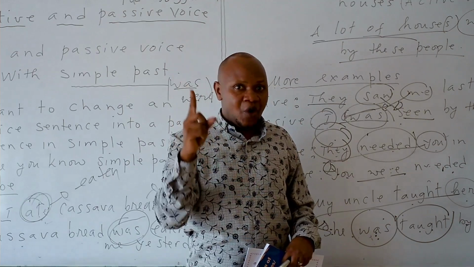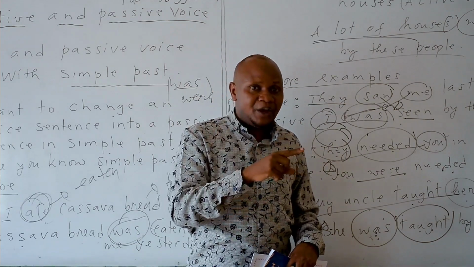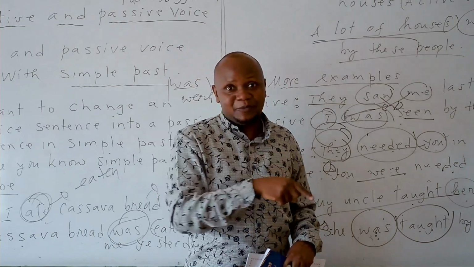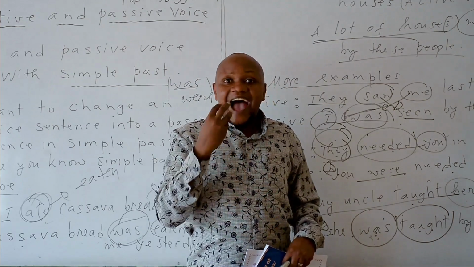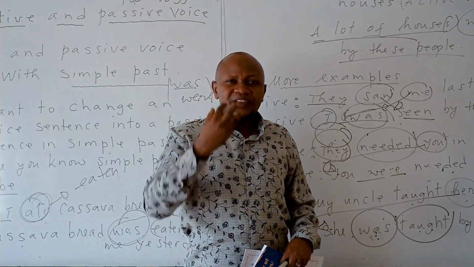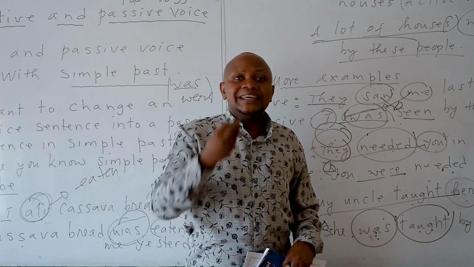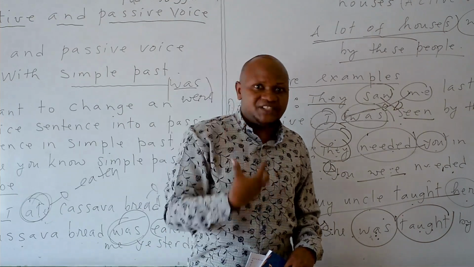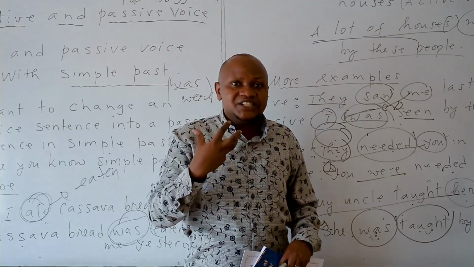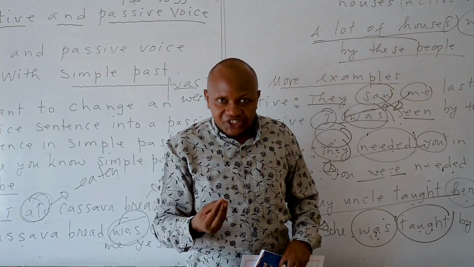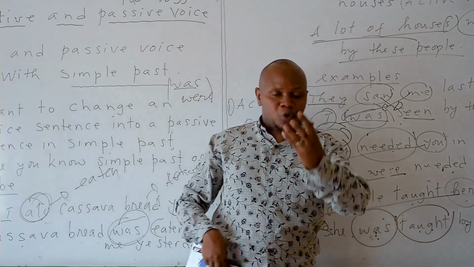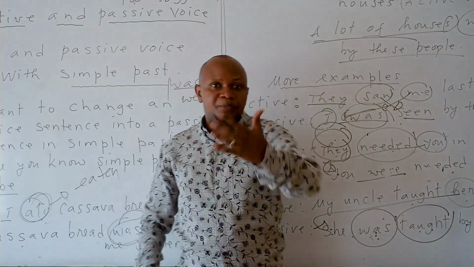Your wife was seen by me last time. You see that? I wanted him in that meeting. He was wanted by me in that meeting. They needed beer so much. Beer was needed by them so much. This is how we use passive voice in simple past.